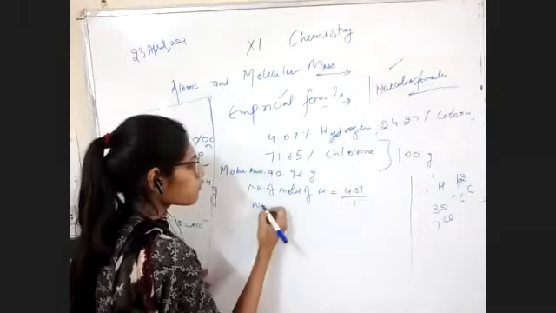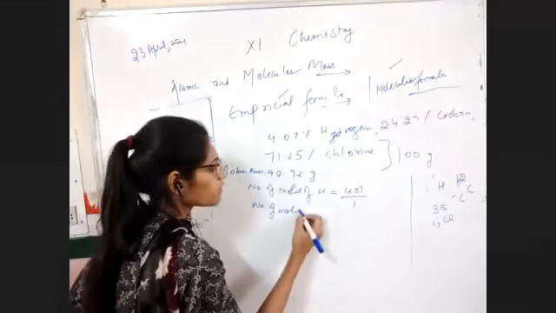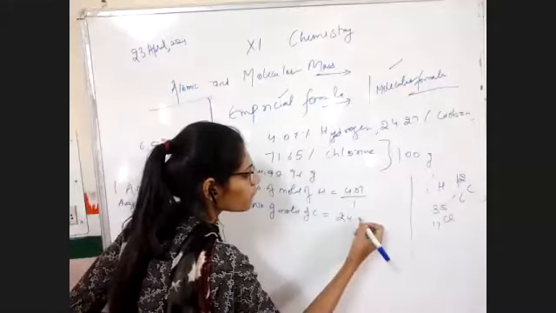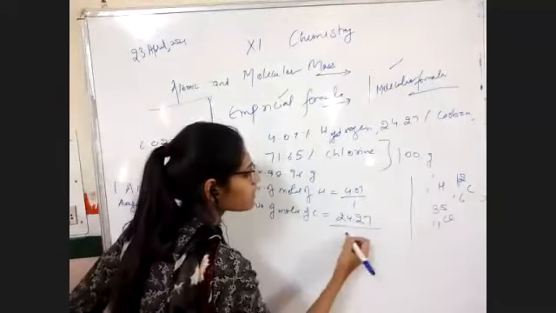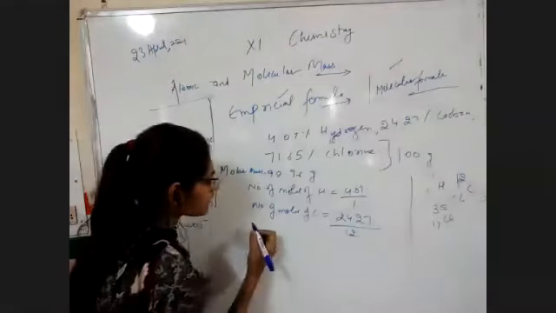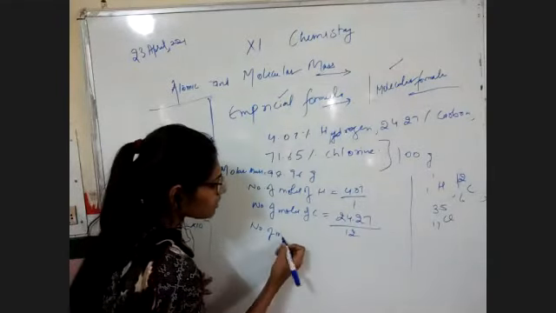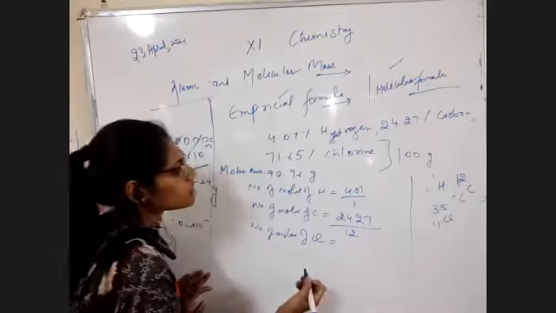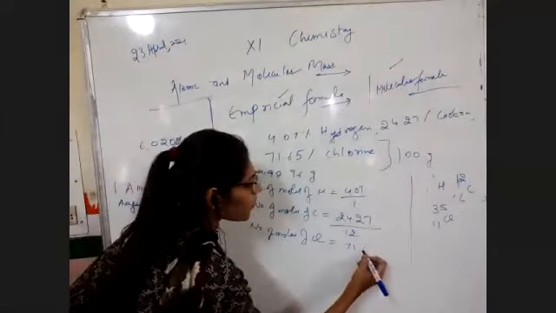For number of moles of carbon, it must be 24.27 divided by 12. And lastly, number of moles of chlorine must be equal to 71.65 divided by 35.